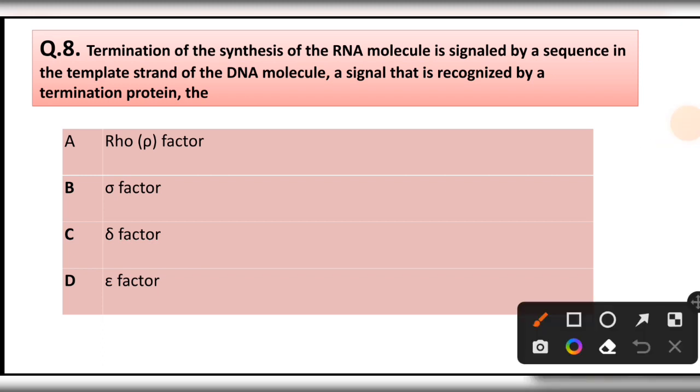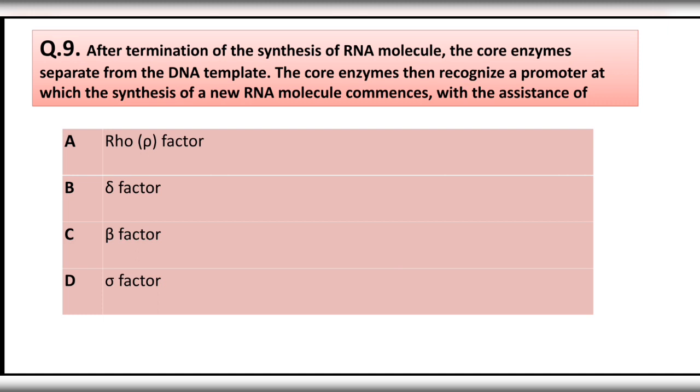Question 8. Termination of the synthesis of an RNA molecule is signaled by a sequence in the template strand of the DNA molecule. A signal that is recognized by a terminator protein is rho factor, sigma factor, delta factor, epsilon factor. Correct answer is option A, rho factor. Question 9.